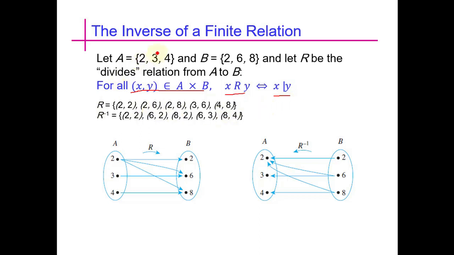So here we see that from A, 2 divides 2, 6 and 8. So there will be relations (2, 2), (2, 6) and (2, 8). Here we see that 3 only divides 6, so 3 is related to 6, and 4 divides 8, and so 4 is related to 8. So these are the ordered pairs in R.